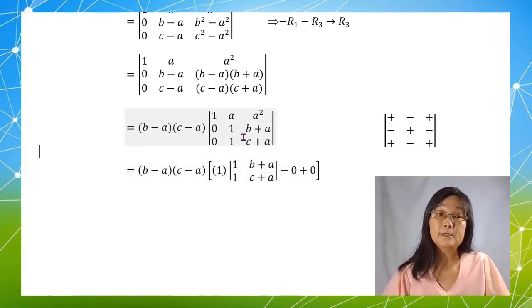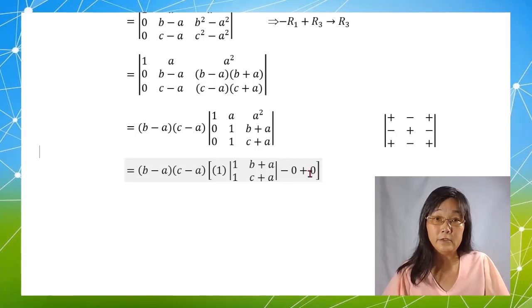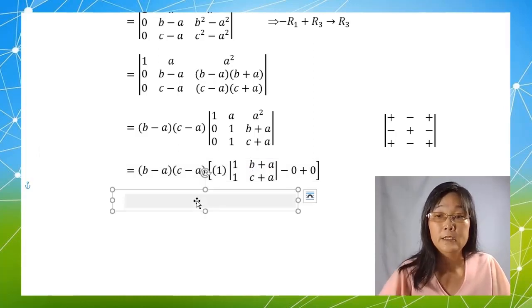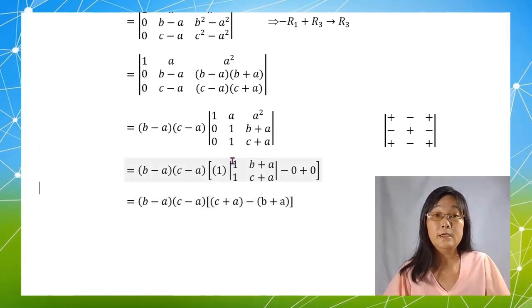Then the second number is 0 and the third number is 0. Because the second and third numbers are 0, and 0 multiplied by anything is equal to 0. So now I'm going to find the value of this 2 by 2 determinant by using AD minus BC.